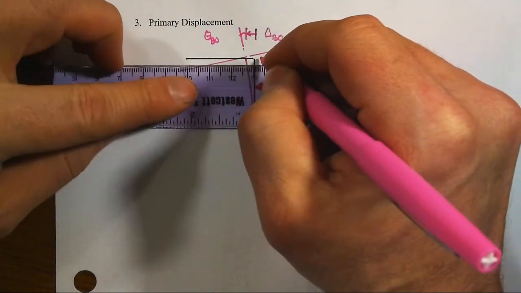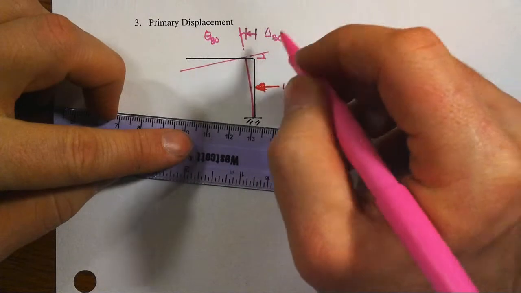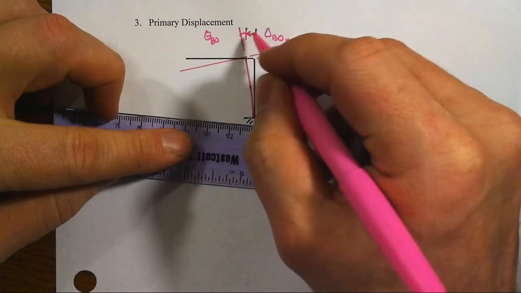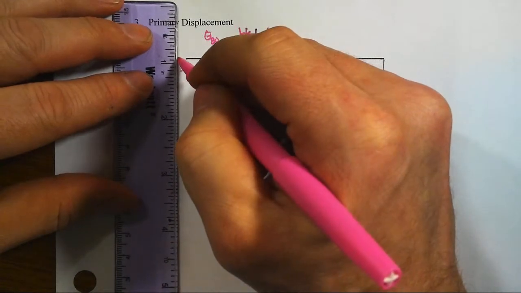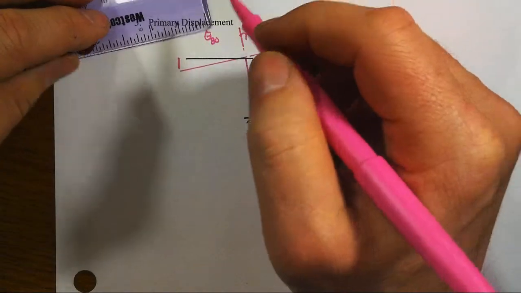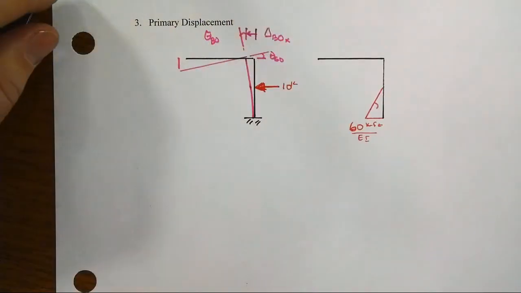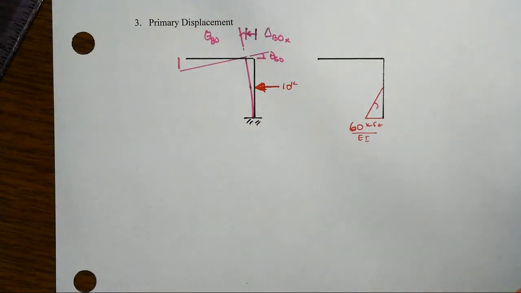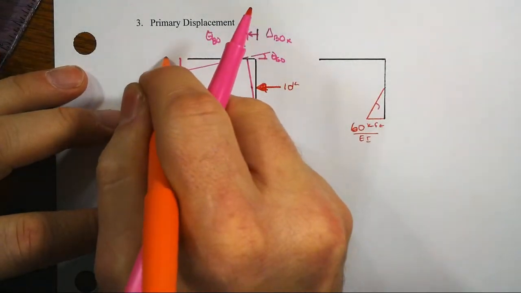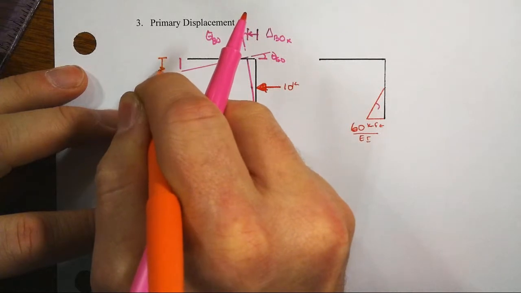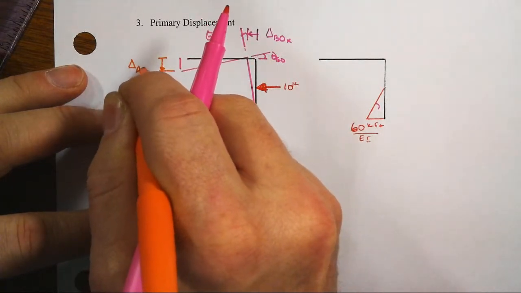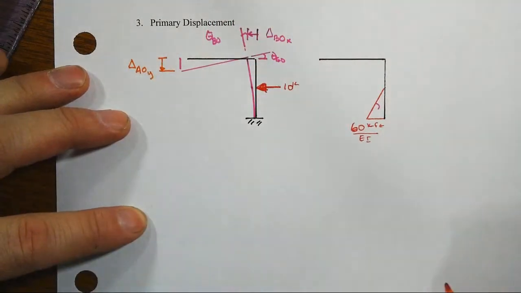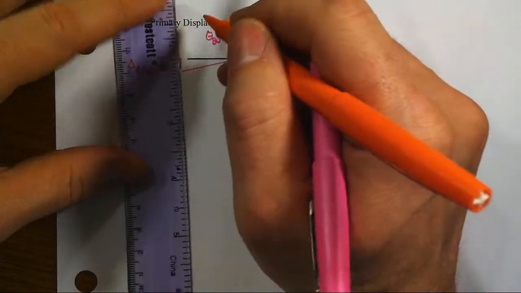This angle over here is the same as up there, and that's critical because when we want to go and find out how much did this joint move downwards, that's what we're actually after. That is delta A0 in the y direction. That's what we're really trying to achieve or calculate.